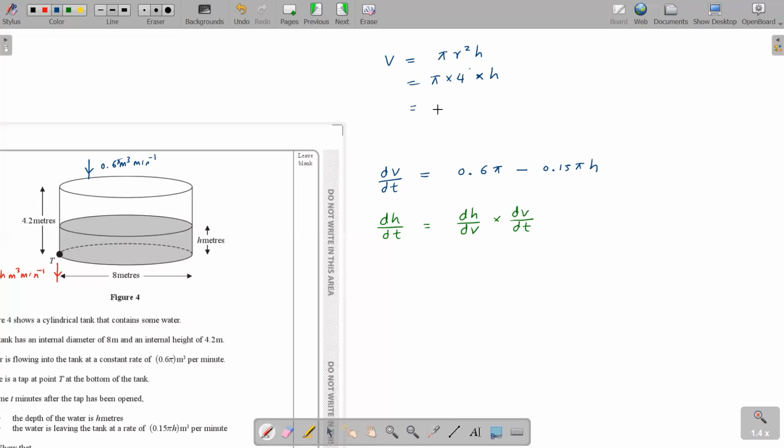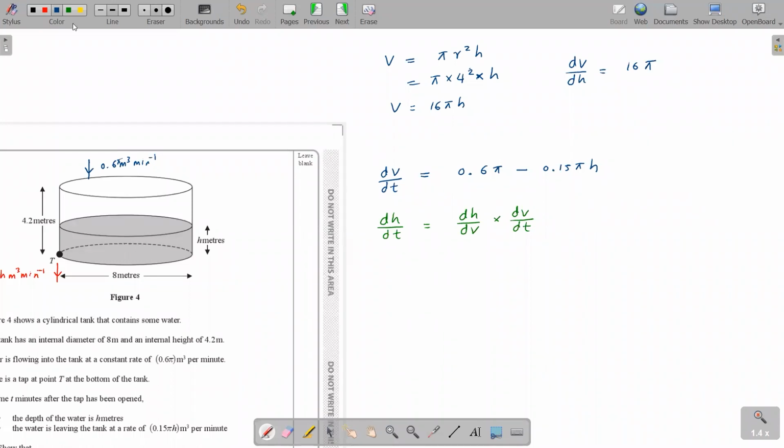So what do we get here? Pi times 4 squared times h, which means the volume is 16 pi h. Then shall we get dV by dh? When you differentiate the volume with respect to height, we get 16 pi. Do you agree?